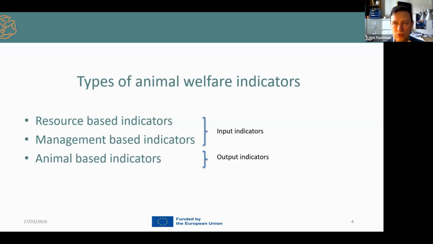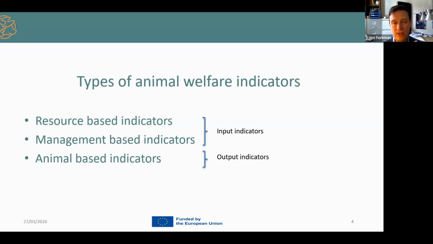So there are things which affect the animal. It could be things like stocking density, provision of food, access to outdoors, etc. So that's resource-based indicators.